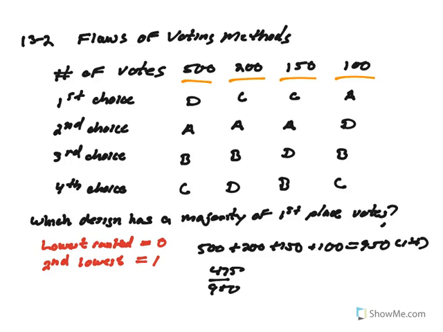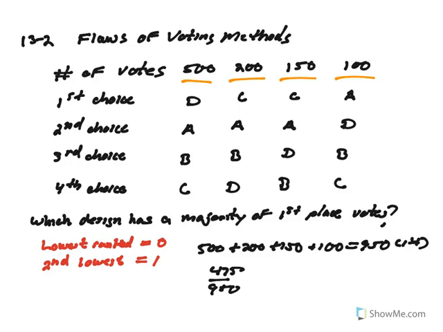What we're going to examine now is that first row: D, C, C, A. You notice that there's no B in there. That means that design B did not receive any first choice votes.